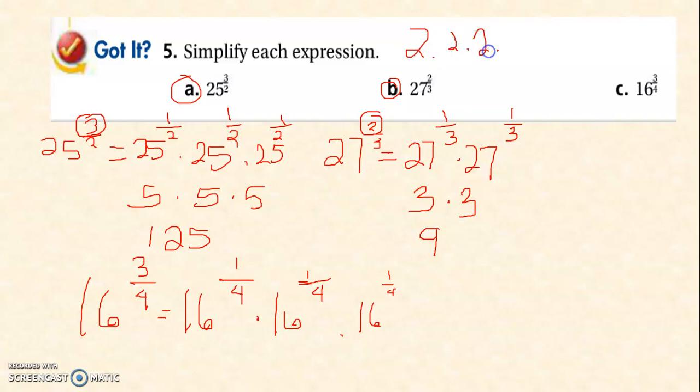Times 2, that is 8. Times 2, that is 16. So we multiplied 2 4 times. So 16 raised to 1/4, that is 2. So you now have 2 times 2, that is 4, times 2, that is 8.